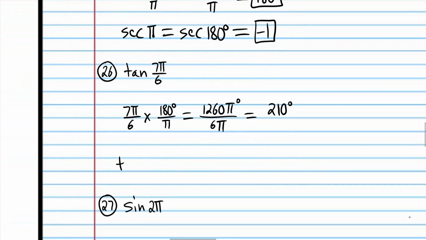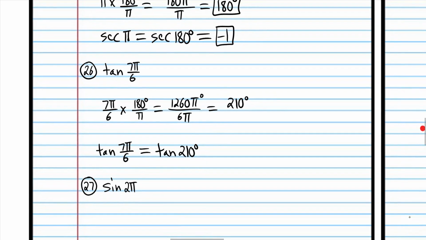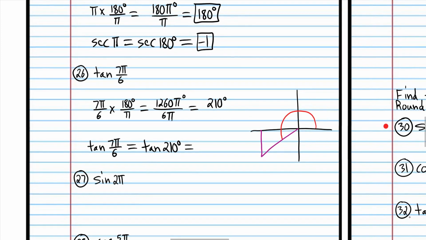So tangent 7 pi over 6 is the same thing as tangent 210 degrees. And to help us with that, let's draw axes. 210 degrees is this angle. Subtract 180 from 210, that gives us our reference angle, which is 30 degrees. The side opposite 30 is -x because it's below the x-axis, and the side adjacent 30 is -x root 3.